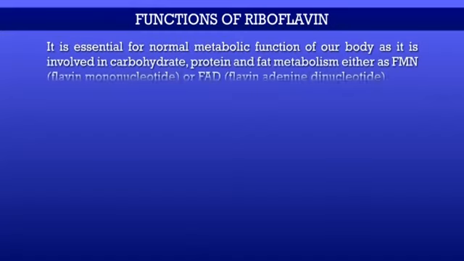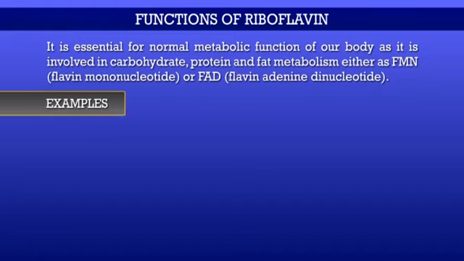The important functions of this vitamin are: it is essential for normal metabolic function of our body as it is involved in carbohydrate, protein, and fat metabolism, either as FMN, that is flavin mononucleotide, or FAD, that is flavin adenine dinucleotide.